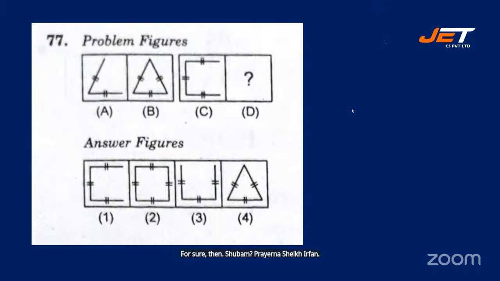Almost all are right, because in the fourth one, this should be completed and 2 lines have to be drawn, isn't it? Yes. Good students, let's move on to the next question.